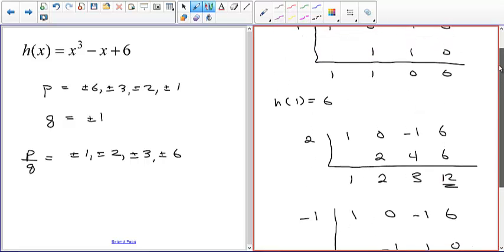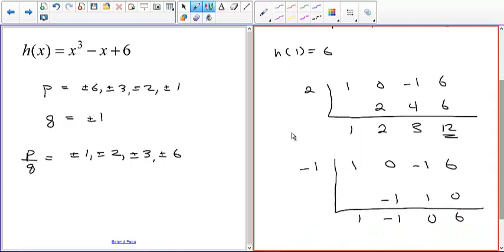So again, h of 2 is 12, and h of negative 1 is 6. Does that make sense? Something doesn't make sense, because if you do h of 0, you get 6. So how the heck is that happening?